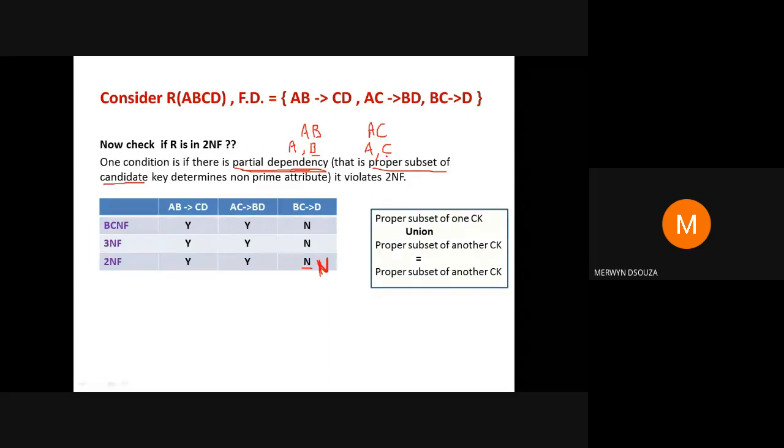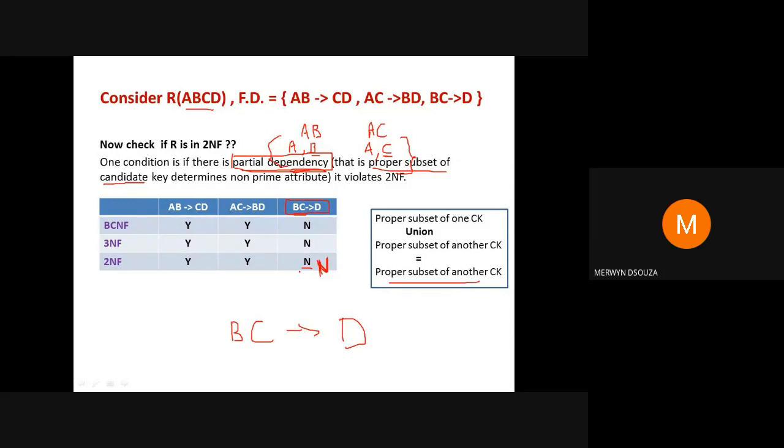So BC is the proper subset union. Whether BC determines a non-prime attribute. The non-prime attribute here is D. So does the proper subset union determine D? Yes.